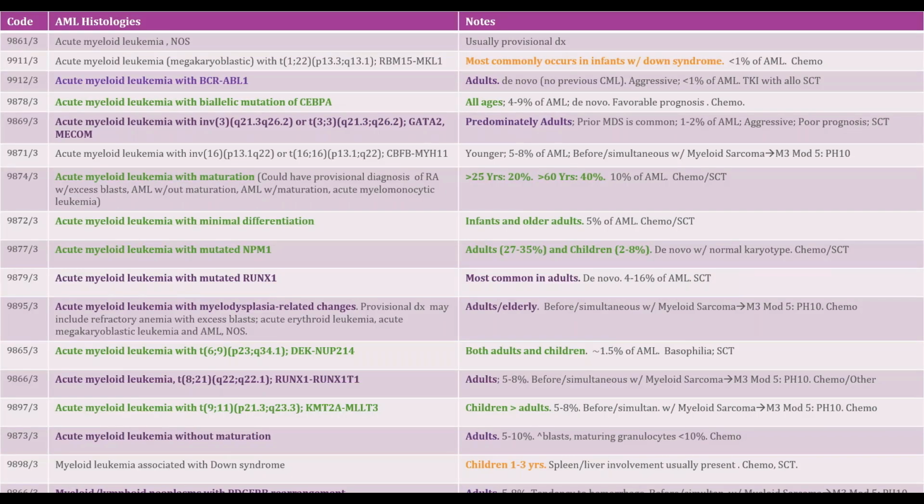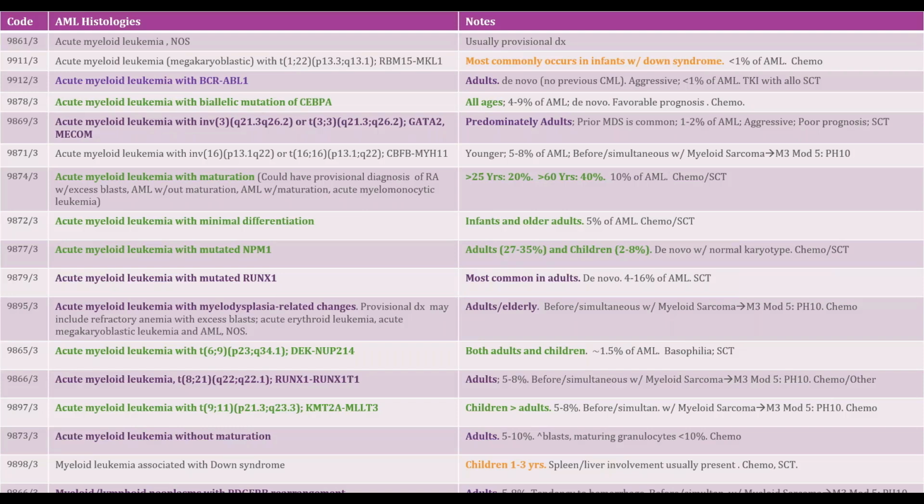Okay, and this next slide shows AML histologies. There are histologies that are common in children, adults, or both. I try to highlight with different colored font to show you which population is most affected by this specific disease process.